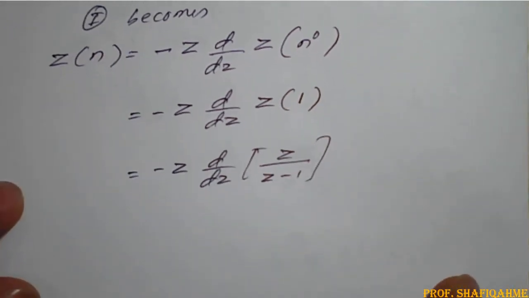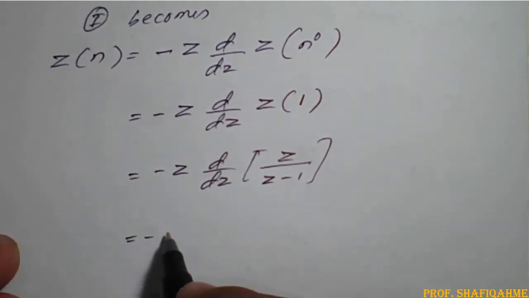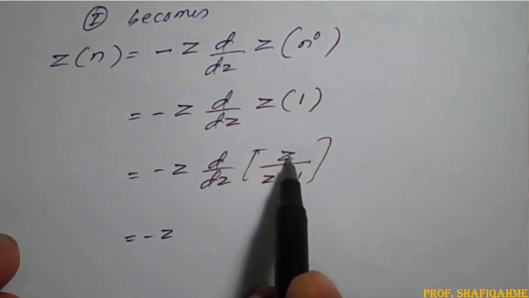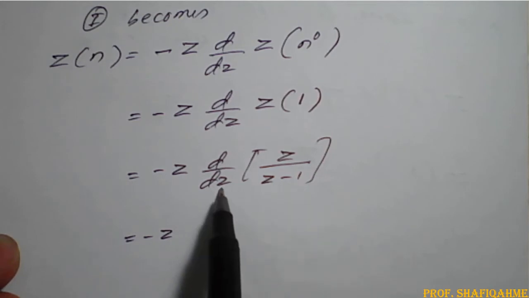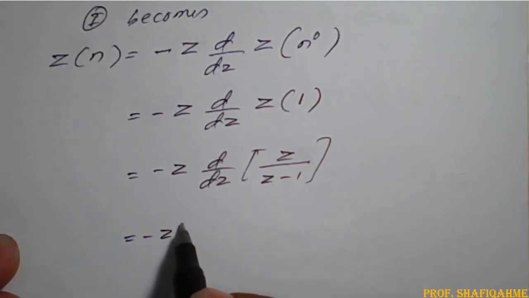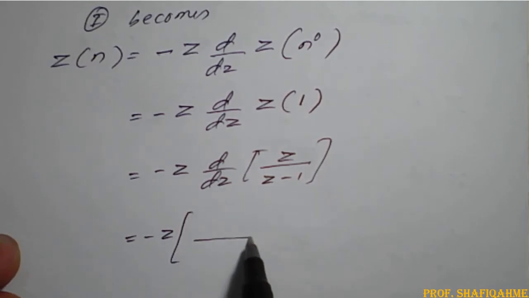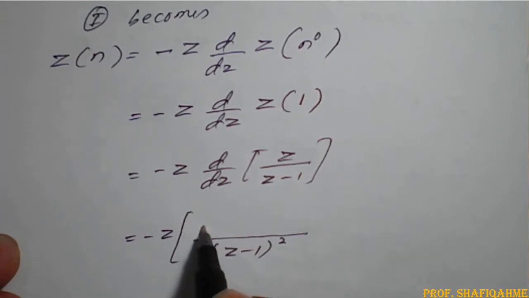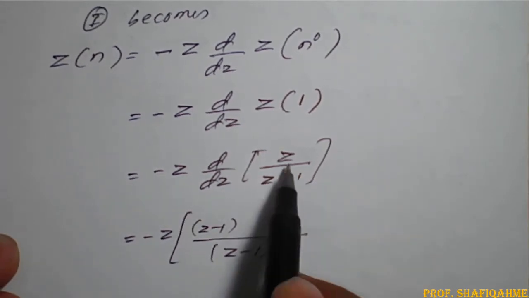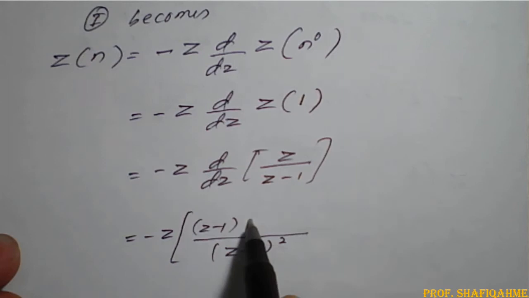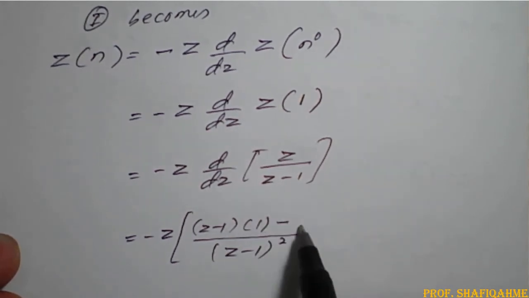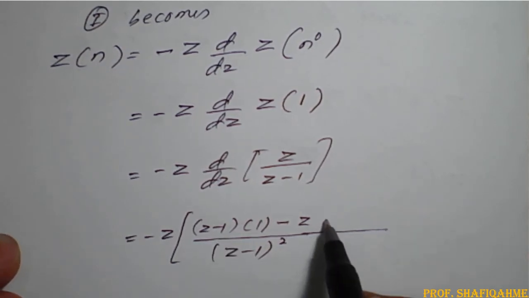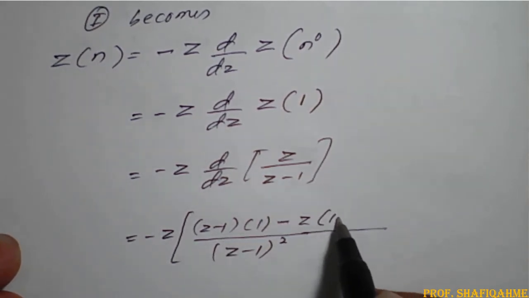Now we'll simplify this. Minus z as it is, we need to apply differentiation of z upon z minus 1 with respect to z, means we need to apply the u upon v rule, that is the quotient rule: denominator square, z minus 1 square, keep z minus 1 as it is, differentiation of z with respect to z is 1, minus keep z as it is, then differentiation of z minus 1 with respect to z is 1 minus 0.